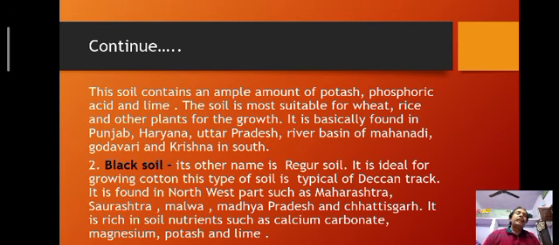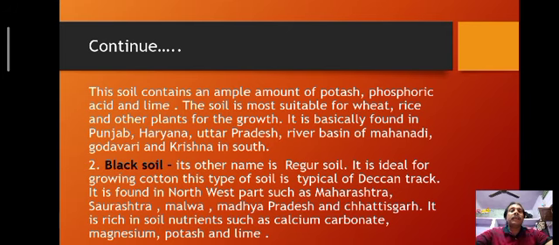We know that the Deccan is a mountainous area, and in these areas basalt rocks are available, which are black in color. Due to that, the soil which is formed from basalt stones is black in color.